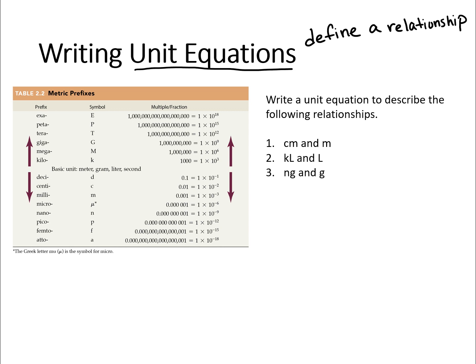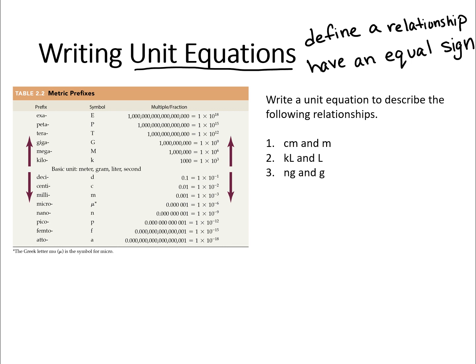That's all we're doing. So we're defining a relationship between two units. You also want to remember that unit equations have an equal sign. When you're telling the difference between unit equations and unit factors, that will come in handy. Unit equation, equal sign.